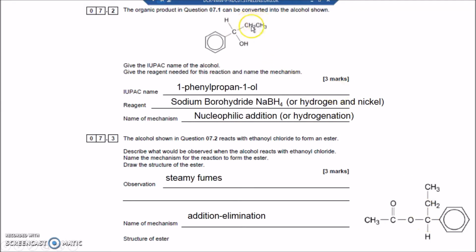Off it would be a CH2, CH3, and this O, then this C would be an O, and then C double bond O CH3 for the ethanoyl chloride, CH3COCl would be here, and that is an addition elimination. They add on and then eliminate a molecule such as hydrogen chloride.